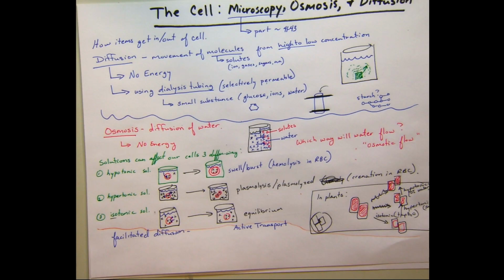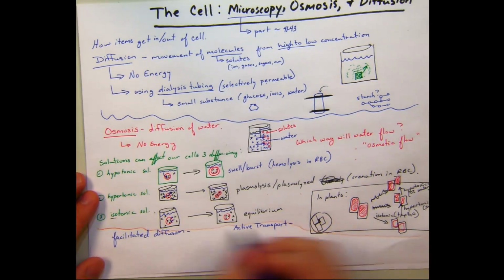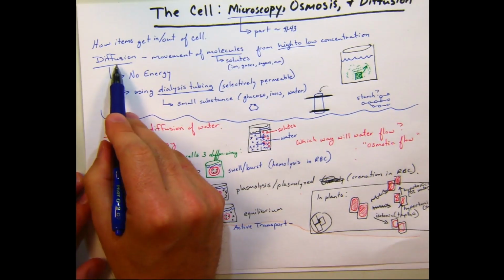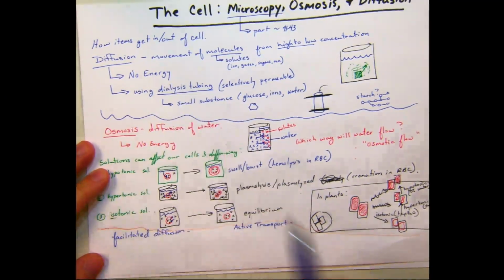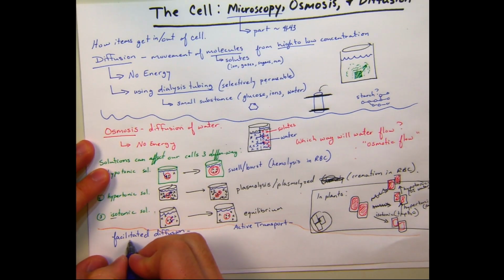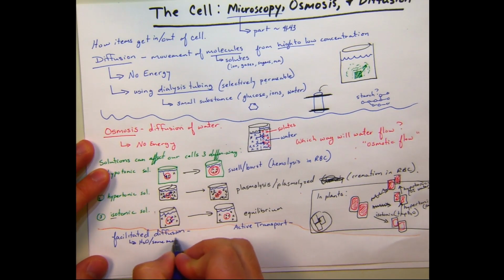Now, for facilitated diffusion, in the name, as it implies, it's diffusion. Diffusion goes from a high to low, and it requires no energy. So what is facilitated across a membrane? Typically water, right? Some small molecules, maybe.